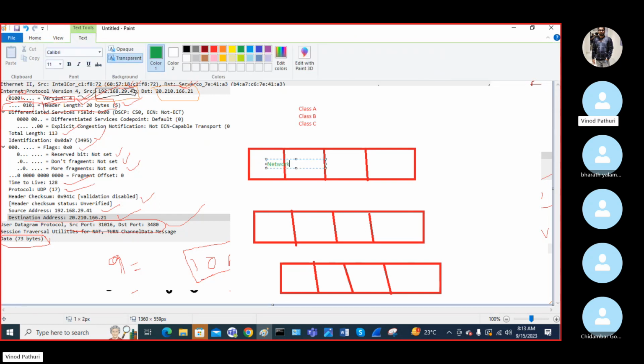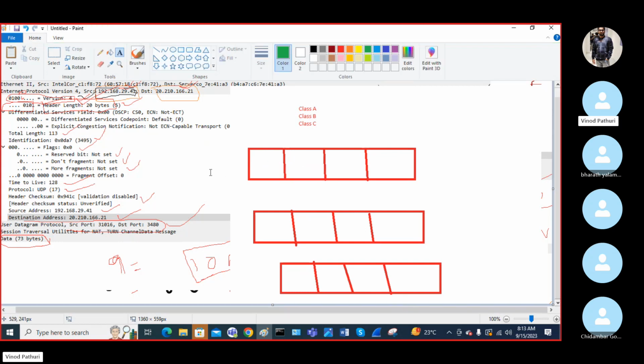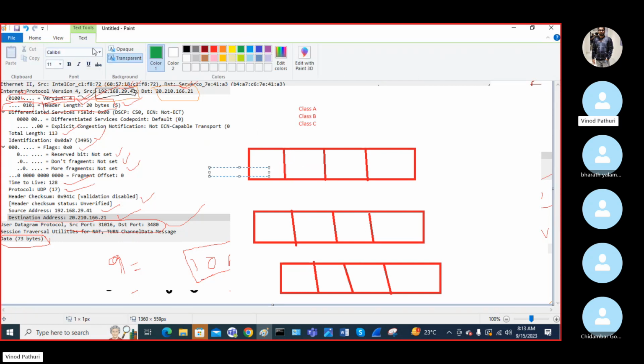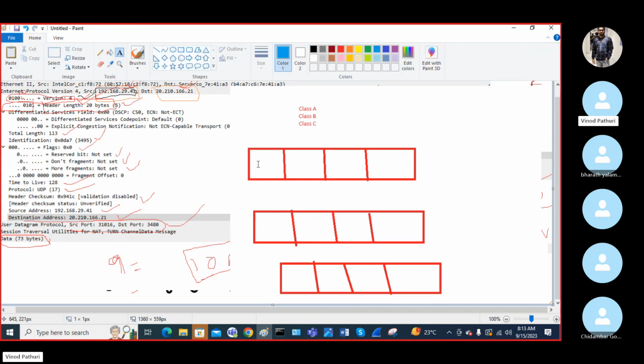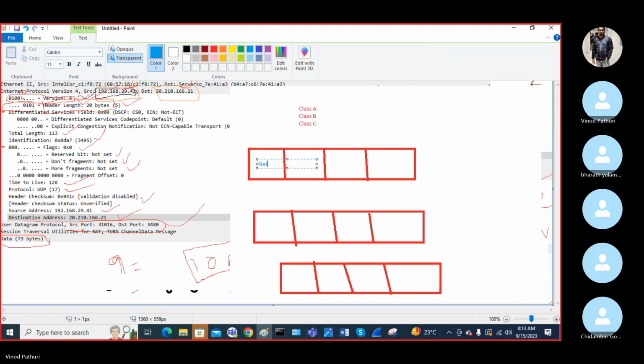This is your network part, and these are the host bits.